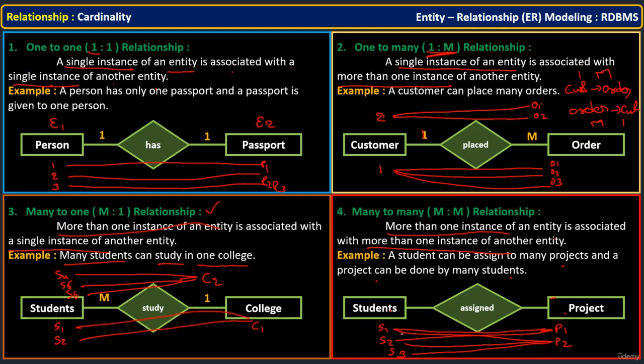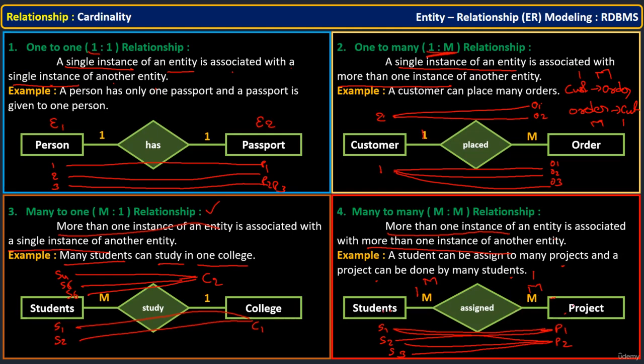So student 1 is doing many projects. In that way, one student does many projects and one project is done by many students. This combination together is called M to M, or M to N. That character is not important, the meaning is important.